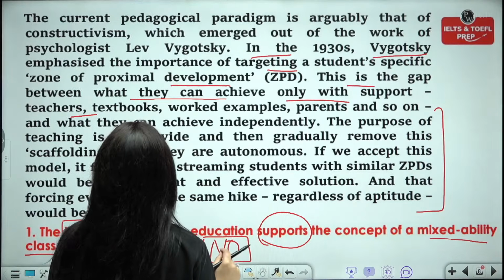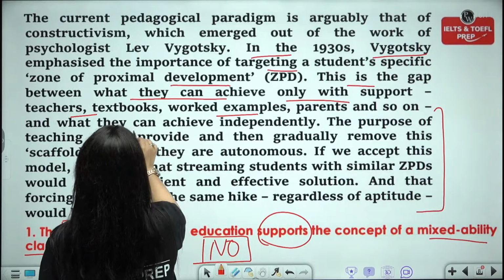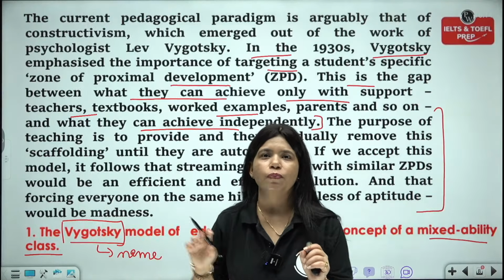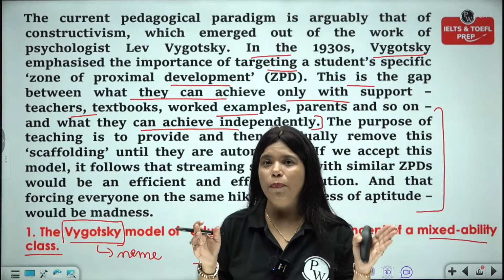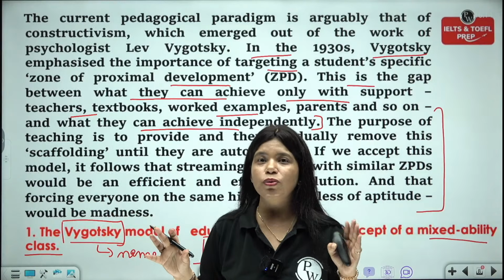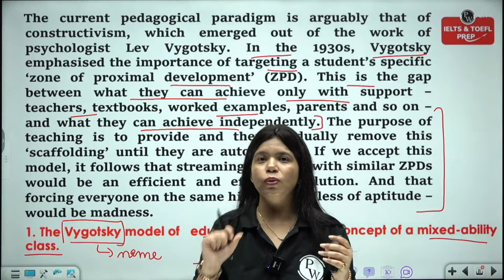What kind of support? Teachers, textbooks, worked examples, parents, and so on, and what they can achieve independently. So ZPD is the gap between what students can understand themselves and what students need help for. And the gap between that zone is known as ZPD.